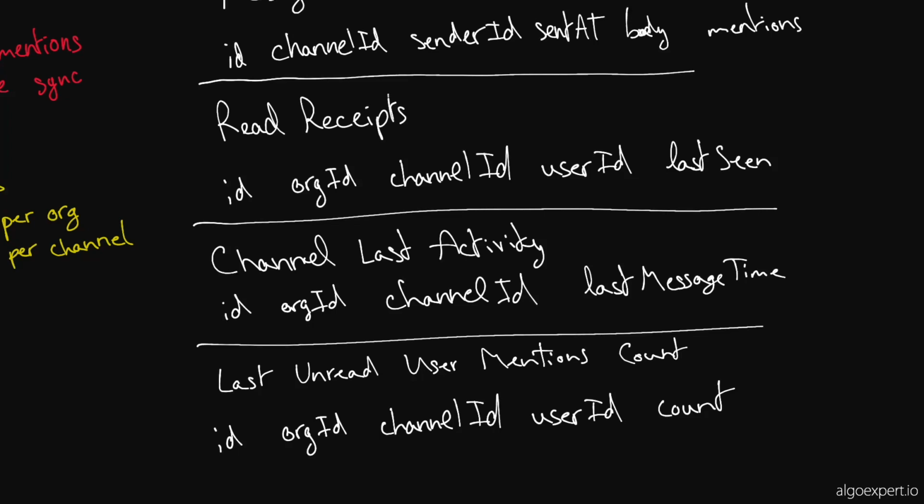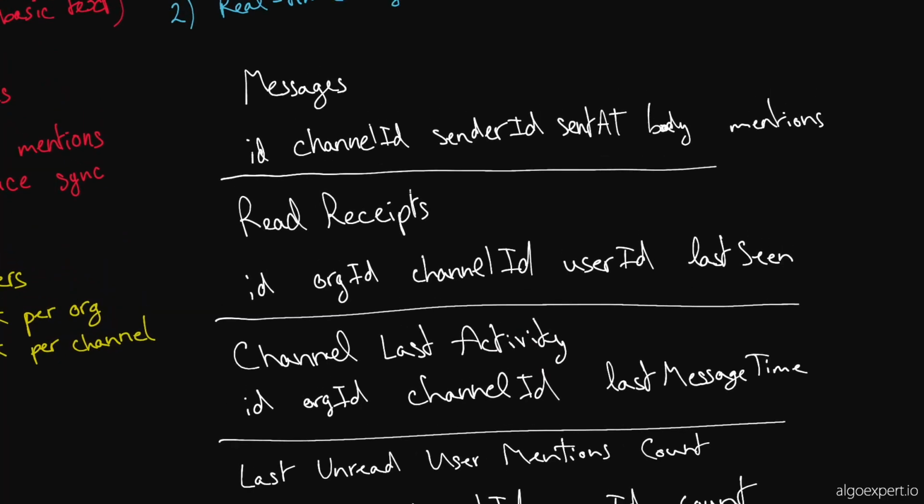Sending a message will potentially update this user mentions table by incrementing counts, and marking things as read will update the read receipts and potentially make the count 0. And obviously also the channel last activity, and sending a message will update the messages table.